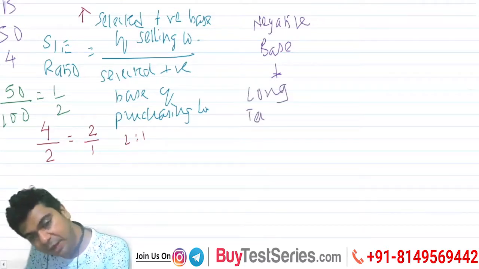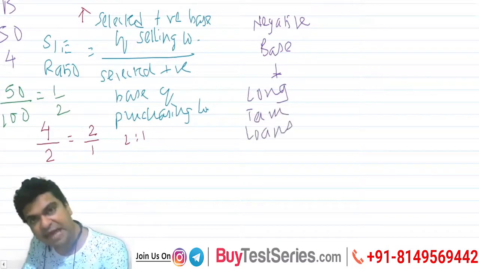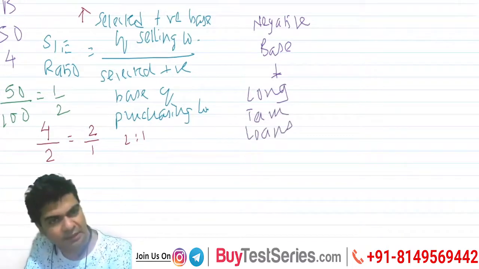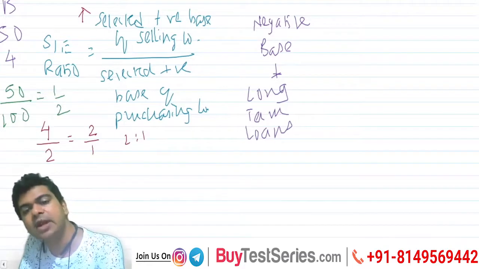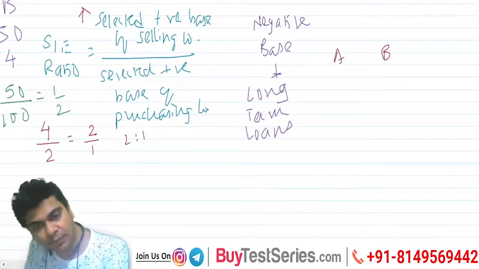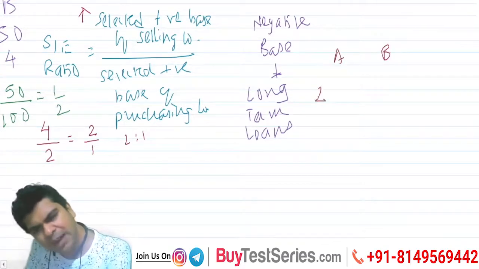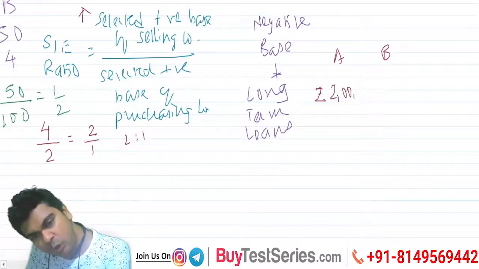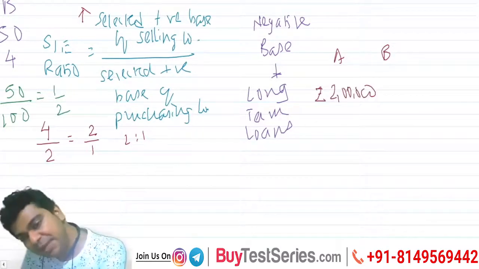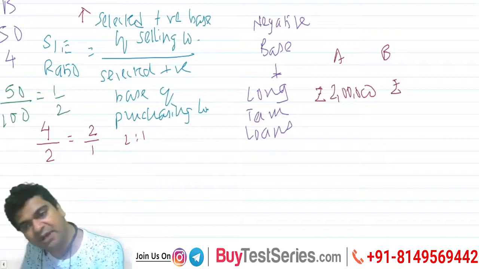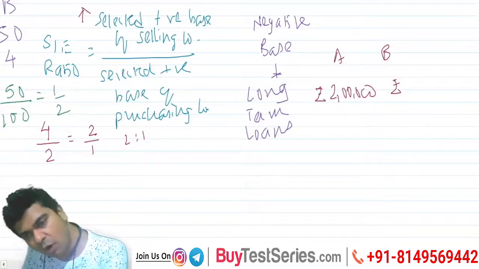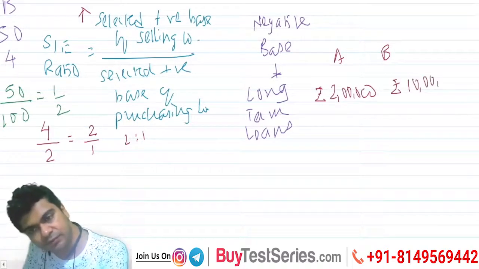Let's say, for example, we are considering long-term loans as a base over here. Try to think in that way. Let's say there are two companies, A and B. A has a long-term loan, I'm just putting it in simplicity, of 2 lakhs. And B has, say, loans of 10 lakhs.